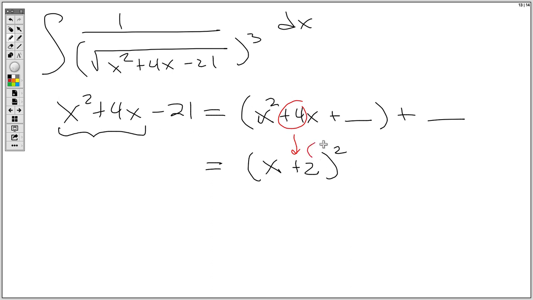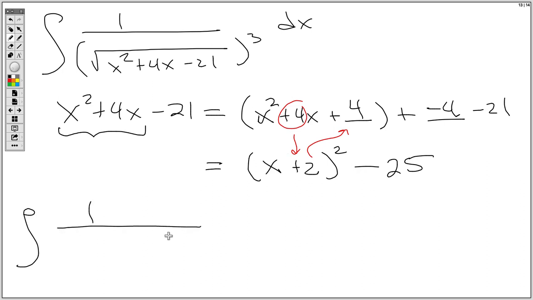And then I'm going to square that to get a 4. But in order to get this perfect square, I have to have a 4 that I'm adding. So I'm stealing a 4 from this 21, you can think of it that way. Or I'm adding in a 4, so then I have to subtract a 4 to keep the balance. So I get that. And so now I've got this integral.